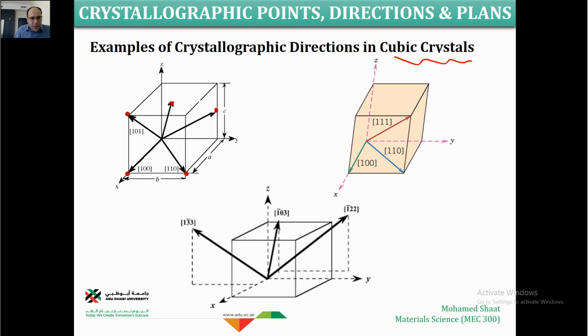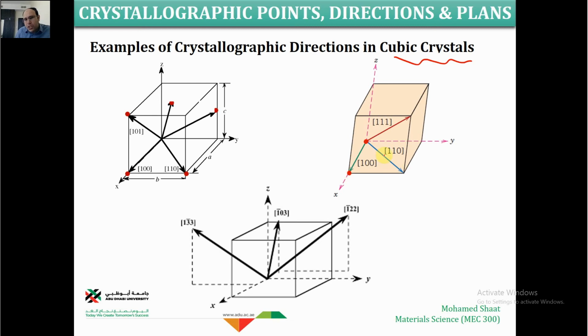Let us start with this direction here, it is 1, 0, 0. Why? Because 1, 0, 0 means that you will start from the 0 point, moving 1 along X. It means that you're going to move the entire edge, and you are going to move nothing parallel to Y or Z. This is going to be the end point. So this gives us the 1, 0, 0 direction.